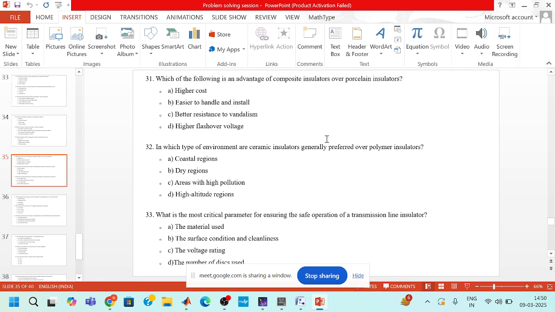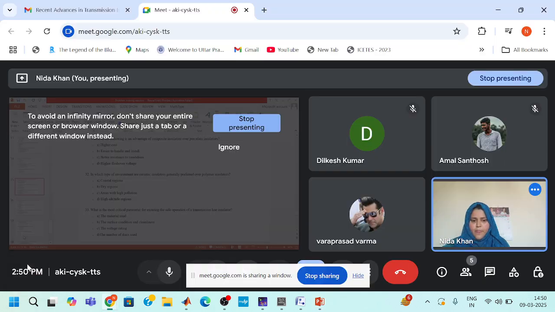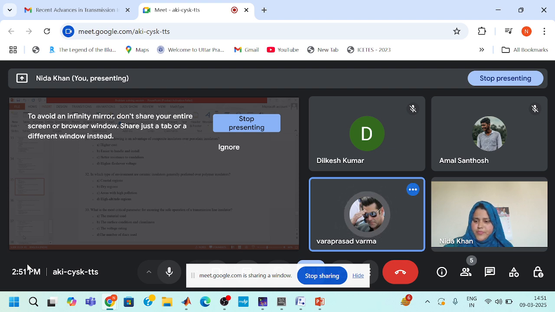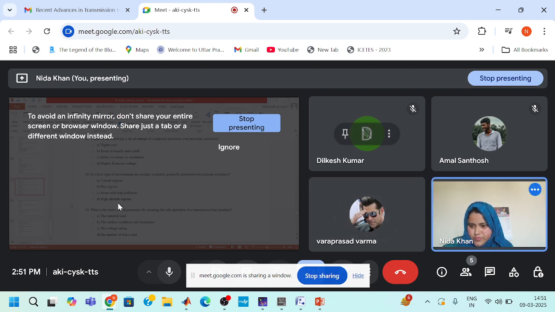Now the next question is, what is the most critical parameter for ensuring the safe operation of transmission line insulators? Options are material used, second is surface condition and cleanliness, option C is voltage rating, and D is number of discs used. Option B or C?